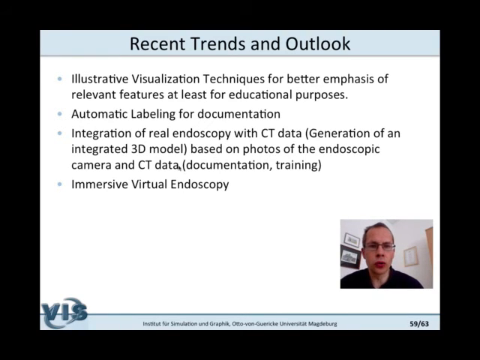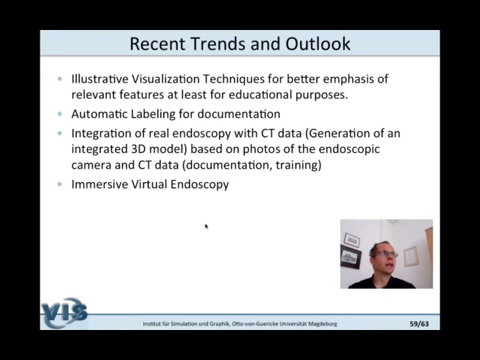That includes also photos that are taken in virtual endoscopy. And the last development, a paper that appeared in early 2019, I will briefly comment on: immersive virtual endoscopy, which basically means that we use techniques from virtual reality, head-mounted displays and the corresponding controllers in our hands, to really provide the feeling of flying through these internal structures.